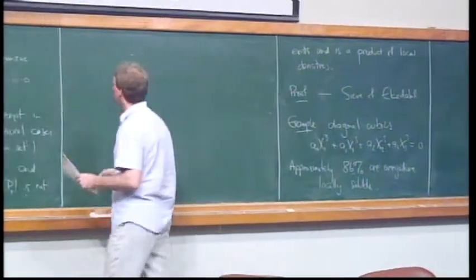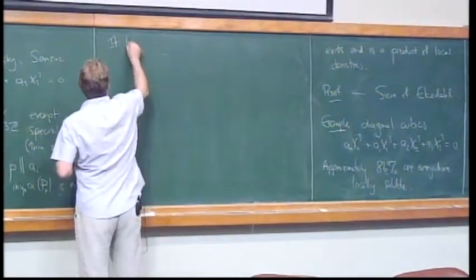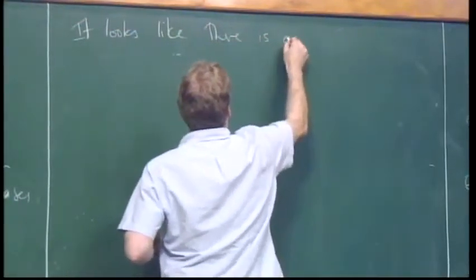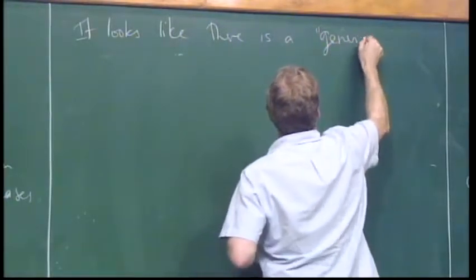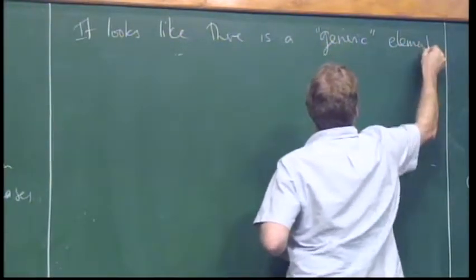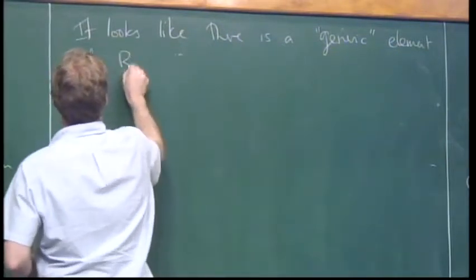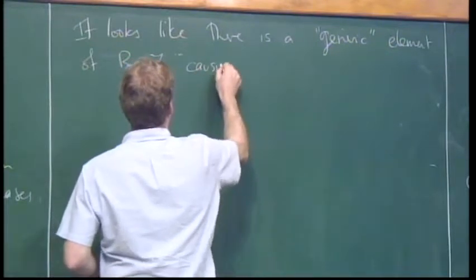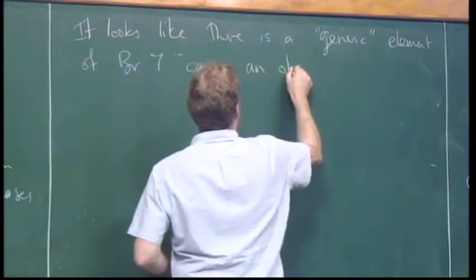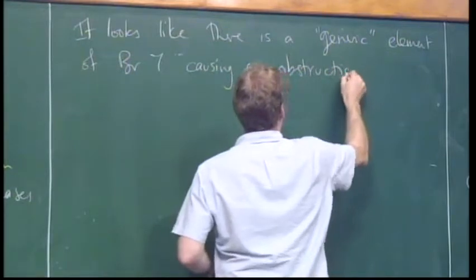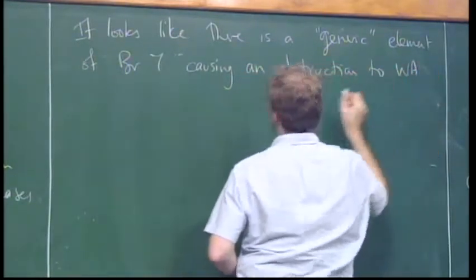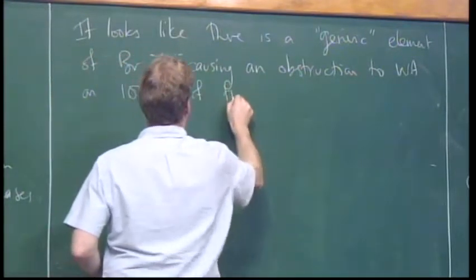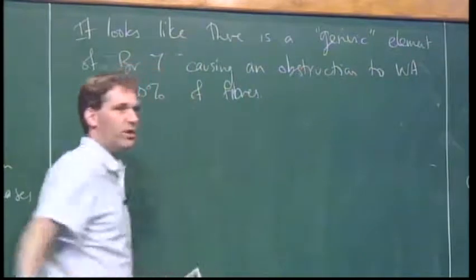Okay. So it looks like there is a generic element of Brauer Y in this situation causing an obstruction to weak approximation on 100% of fibers.